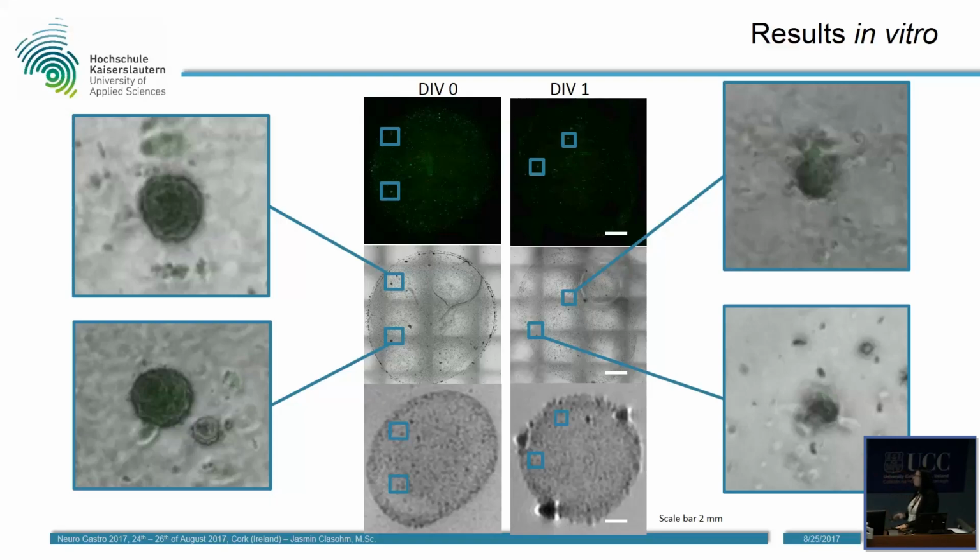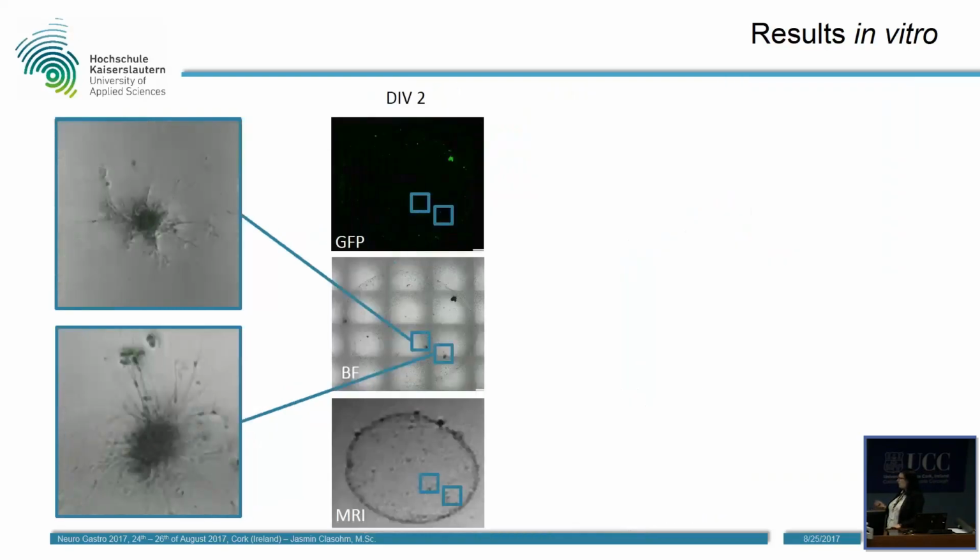This should be mentioned at this point. One day later, the neurospheres no longer have this usual round shape, of course, because morphological differentiation and cell outgrowth from the neurosphere started already. Looking again one day later, neurospheres detached to the bottom of the ECM spot and clearly show cell outgrowth.